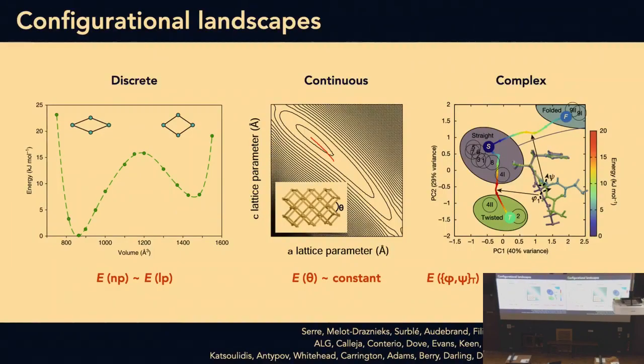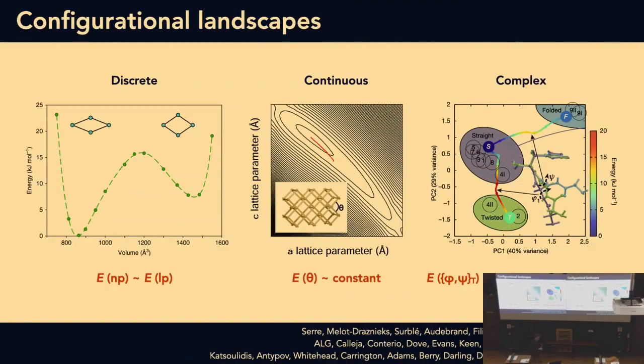This particular example is taken from a very nice paper from Matt Rosseinsky's group, where he was looking at metal-organic framework architectures, but where he'd used polypeptides to link the metals together. And he was able to show that when you put different guest molecules in these systems, they actually underwent a kind of collective reorganization, a bit like you would get in proteins, like we saw with heme. And now these different states that you end up with, and he's given them different labels here, they're associated with different combinations of torsion angles of the framework, for example.